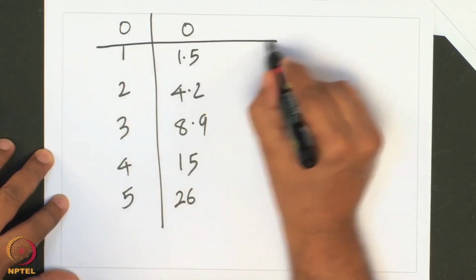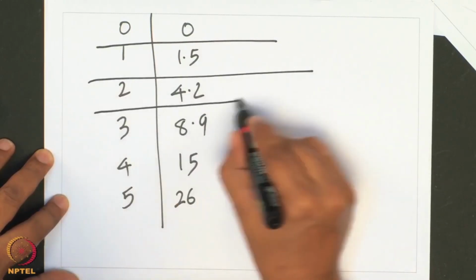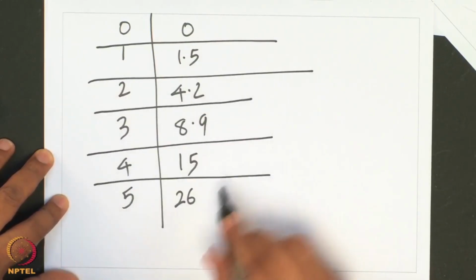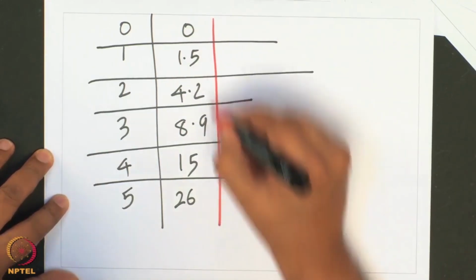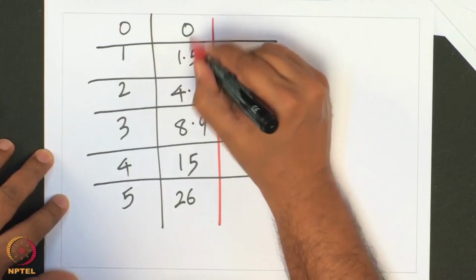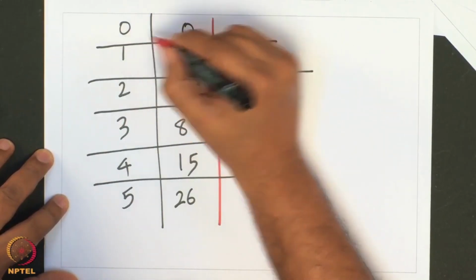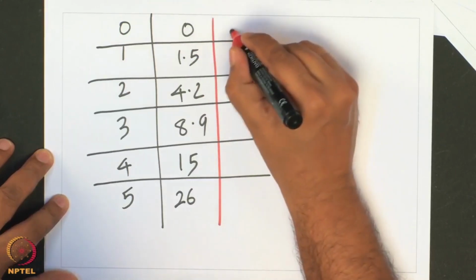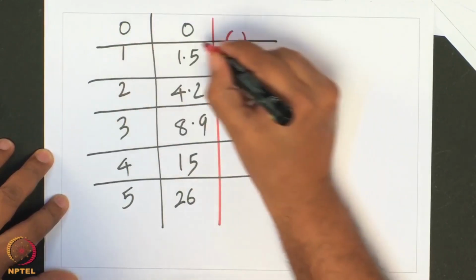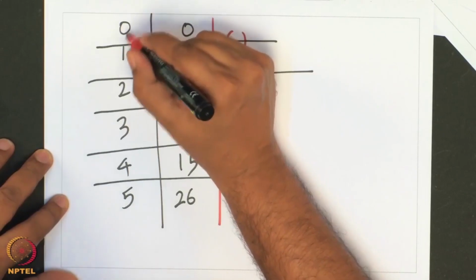You could calculate the corresponding slope between two values. So you could take these two values and write the slope between them: 1.5 minus 0 divided by 1 minus 0. So you could write the slope here, between 0 and 1.